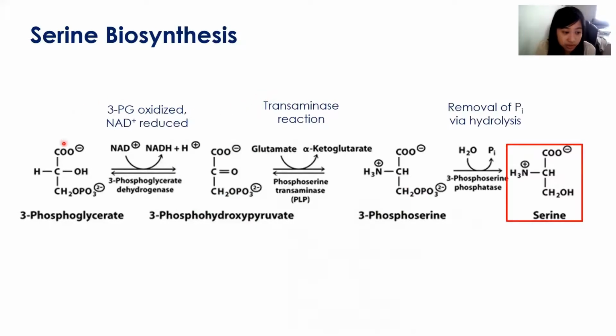So serine can be produced from 3-phosphoglycerate. First, 3-phosphoglycerate is oxidized by NAD plus into this intermediate, and then this intermediate undergoes a transaminase reaction, which we haven't seen in the previous transaminase slides, into 3-phosphoserine, and then this intermediate undergoes a simple hydrolysis reaction in order to produce serine.